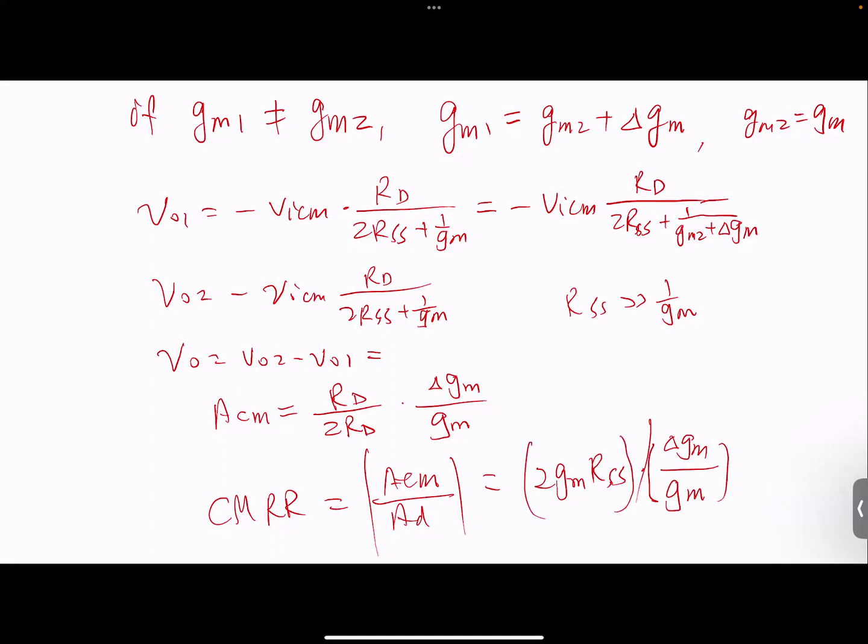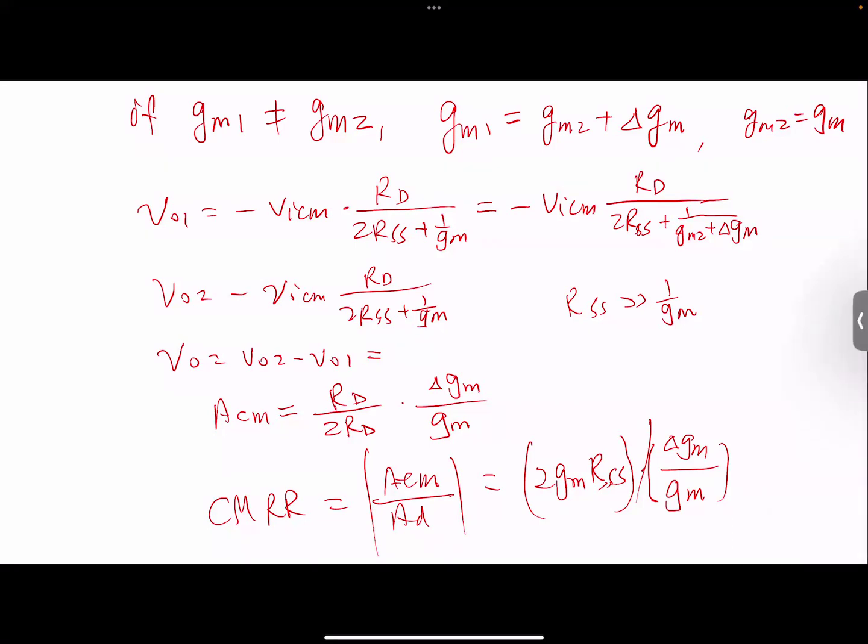So basically here you can see the influence of delta GM is very similar to the effect of delta RD. A small change of GM will cause this CMRR to change. You can certainly write this as 2 GM times RSS times GM over delta GM.